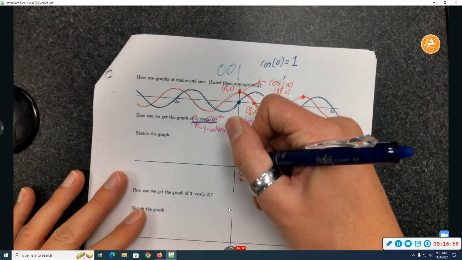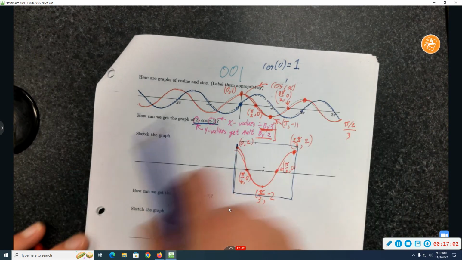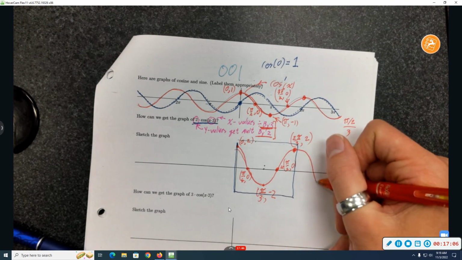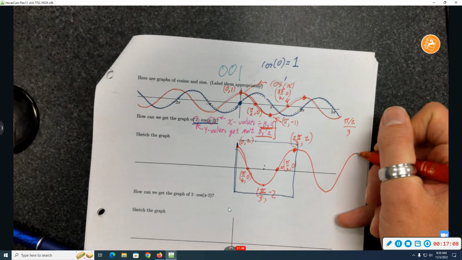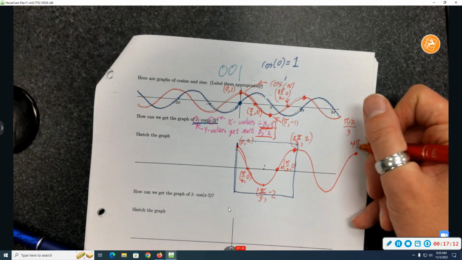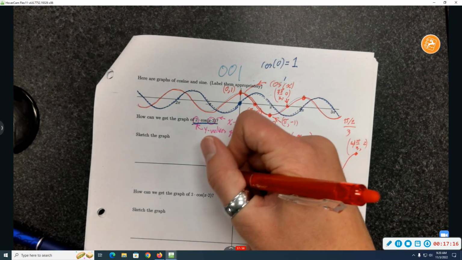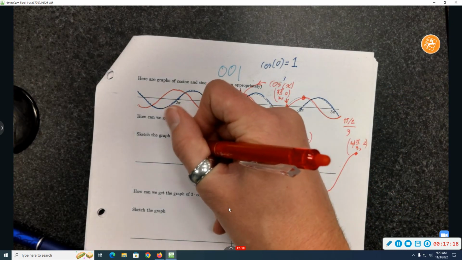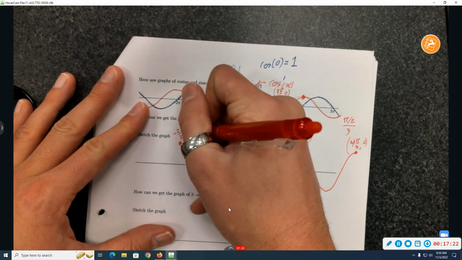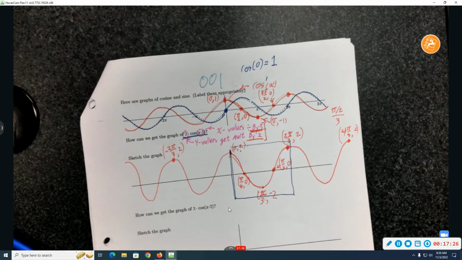So maybe I'll box this off, and then I'll see the exact same pattern over again, up to 4 pi over 3 comma 2. And the same thing will happen in reverse, negative 2 pi over 3 comma 2, and so on. That feel pretty okay?